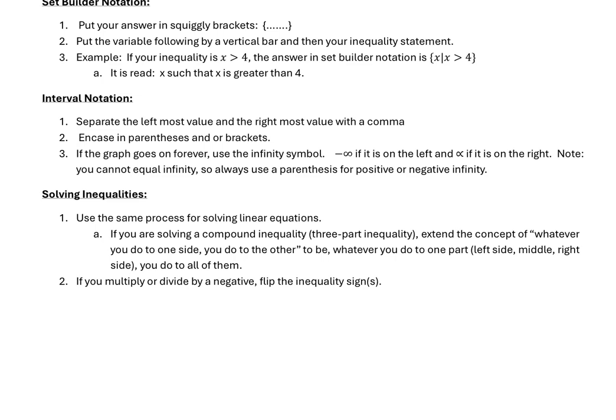And so when we talk about three-part inequalities or compound inequalities, we're going to extend the concept. Whatever we do to one part, whether it be the left, middle, or right, we do to all of them. And we're mostly going to be doing things to the middle to get our variable by itself. And so whatever we do to the middle, we want to do to the left and the right side.